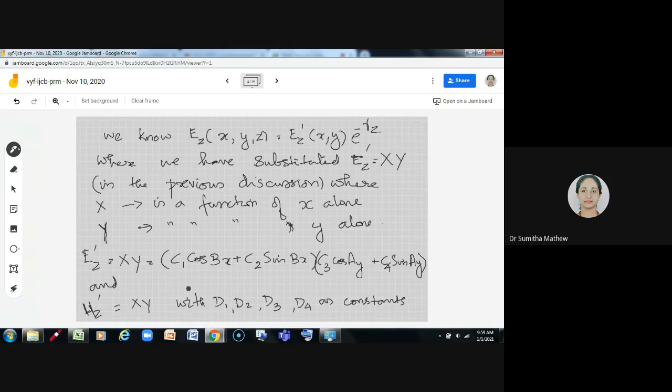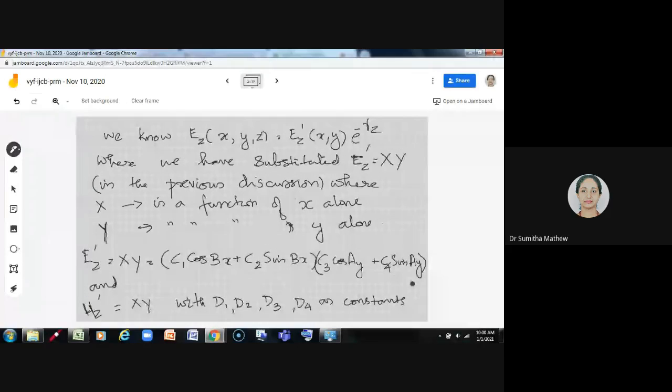So Ez dash is equal to X into Y, where we had obtained the solution using the method of separation of variables. We had solved the differential equation and we had obtained the general solution: C1 cos Bx plus C2 sin Bx, into C3 cos Ay plus C4 sin Ay.